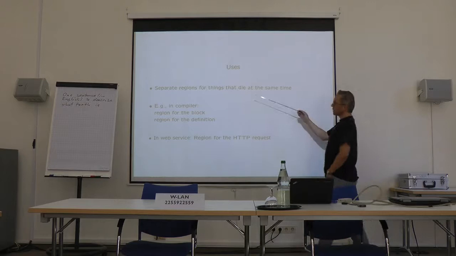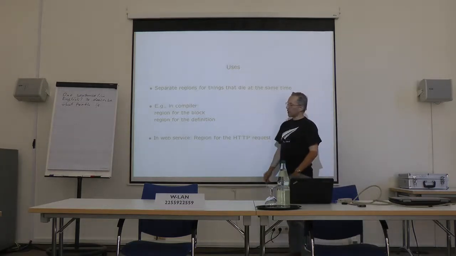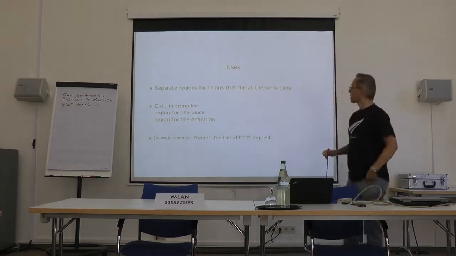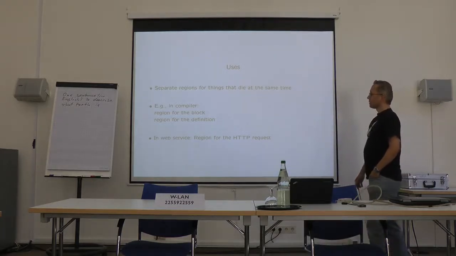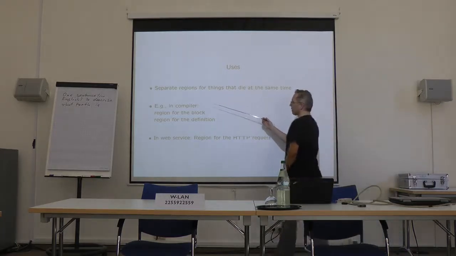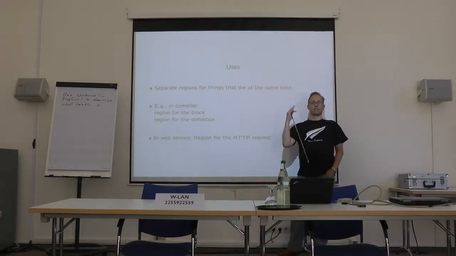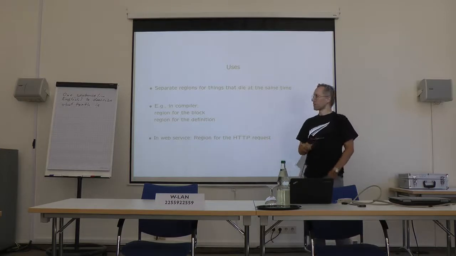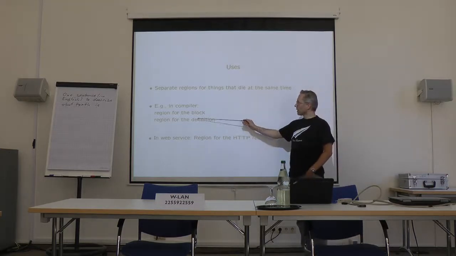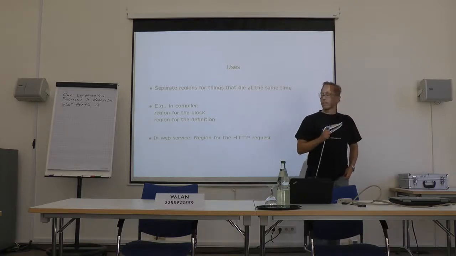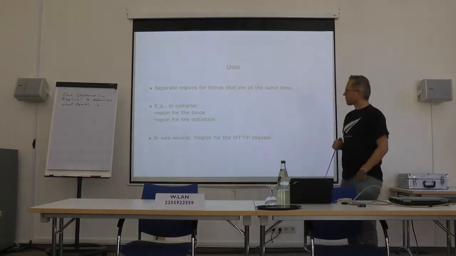So the idea is that we use one region for every bunch of things that die at the same time. For example, if we implement a compiler, we could have a region for the stuff that lives while we process a basic block, and another region for the stuff that lives while we process a definition, and so on.